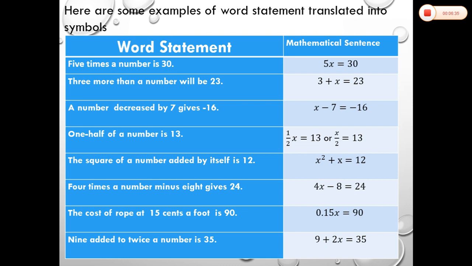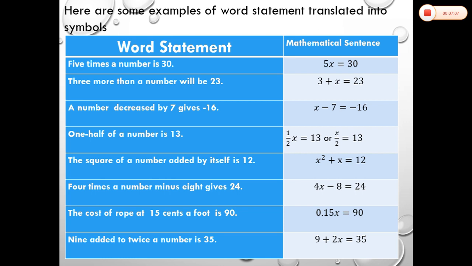When an English statement is a complete sentence, it can be translated into a mathematical equation. So, say for example, 3 more than a number will be 23. So 3 plus x is equal to 23. A number decreased by 7 gives negative 16. So x minus 7 is equal to negative 16.